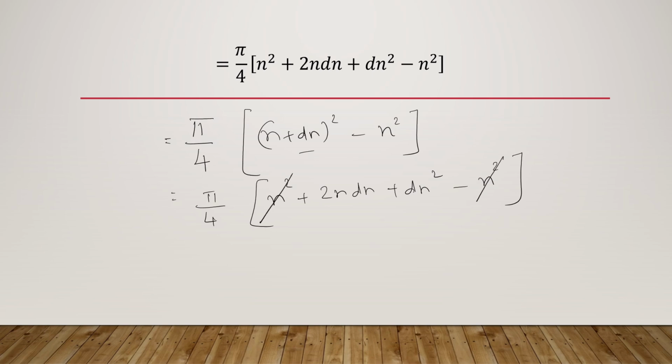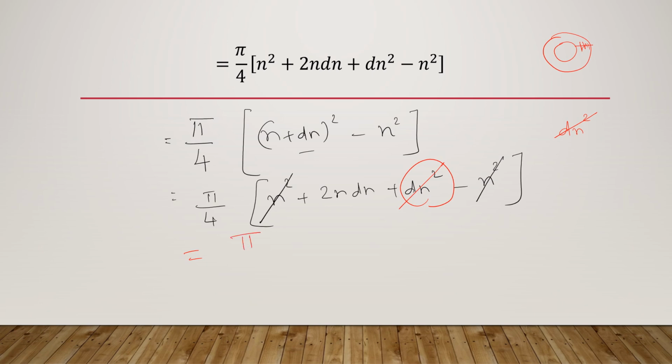The n square terms cancel off. The radii difference dn is very small, therefore dn square is of negligible value, so dn square is neglected.